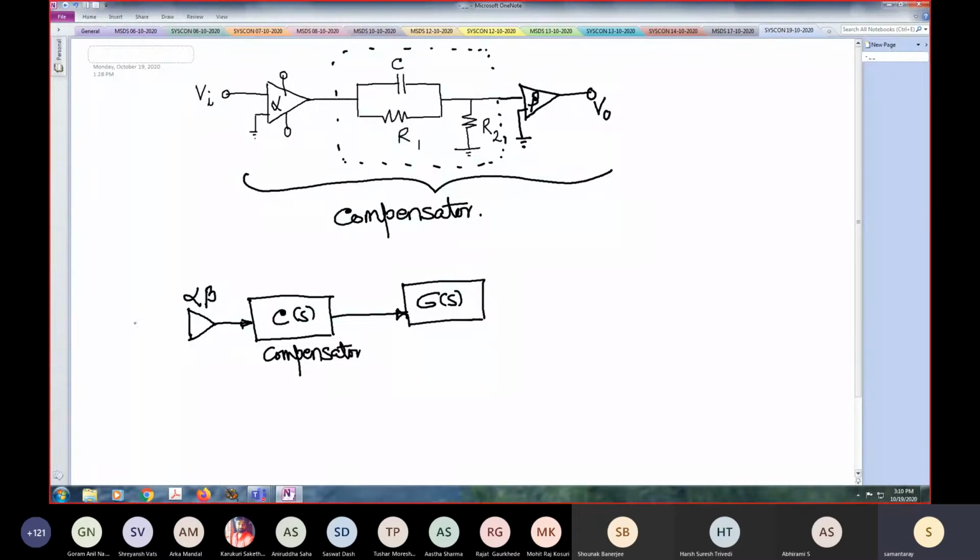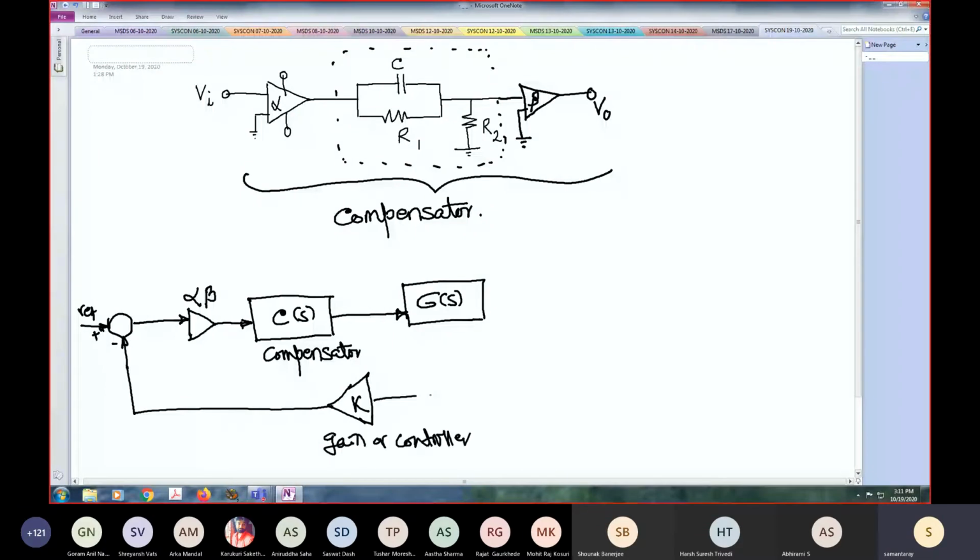Yes, any questions there? Then you will usually have your controller and other things. Whatever the difference, plus, minus, you can have a gain or controller connected to the output.